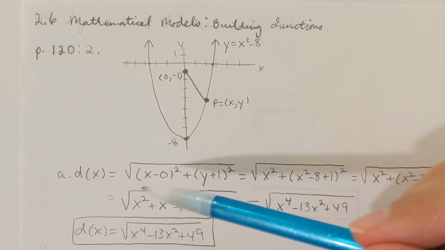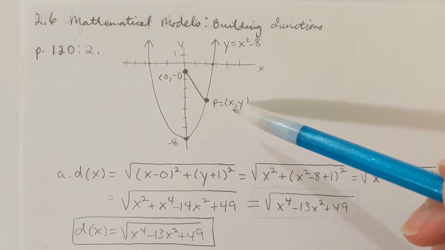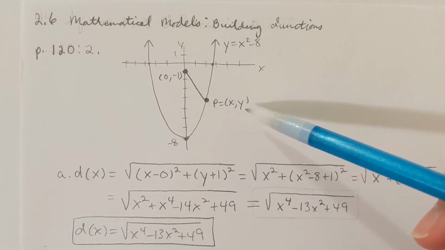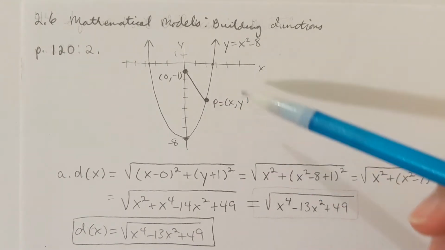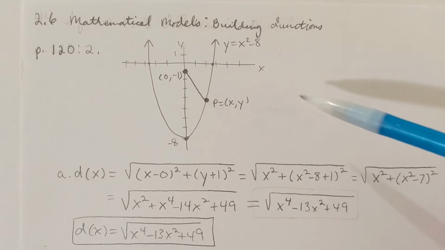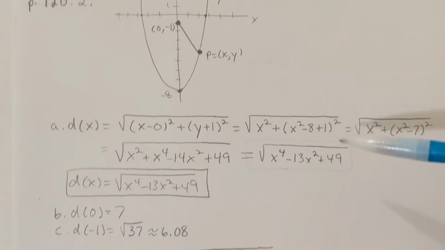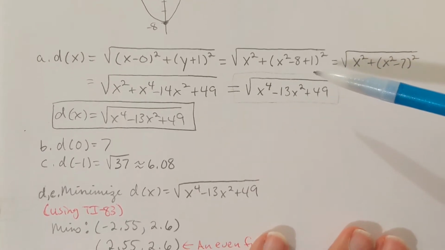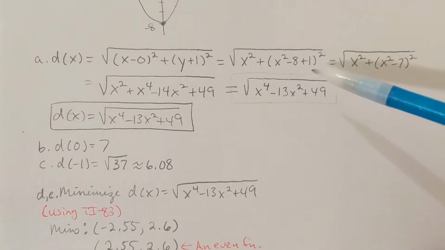d of x, the distance, is the square root of (x minus 0) squared plus (y plus 1) squared. Now y is x squared minus 8, so where it says y, I'm going to replace it with x squared minus 8. And that's (x squared minus 7) squared.